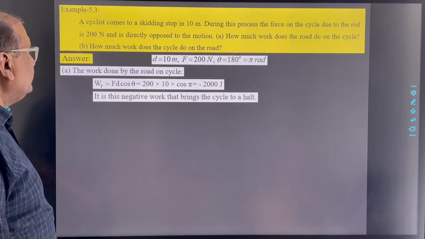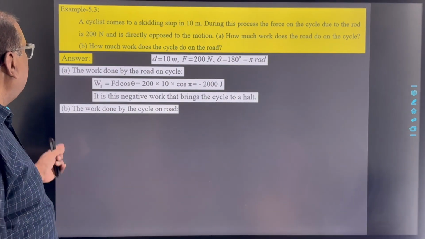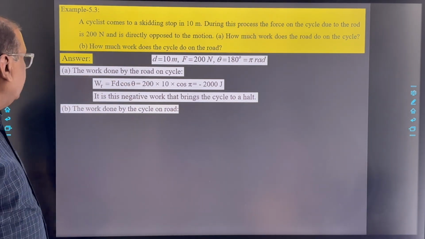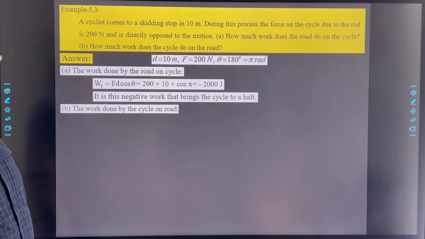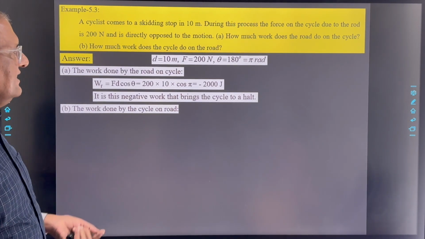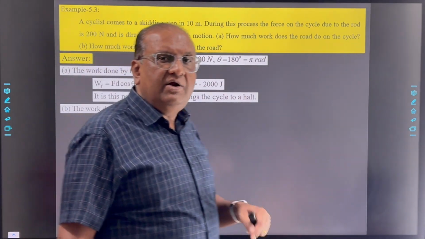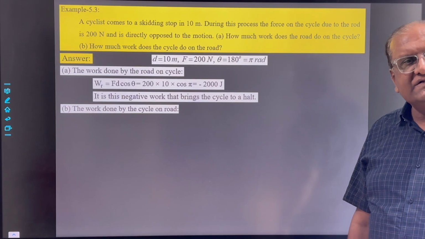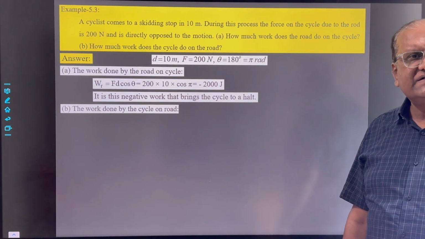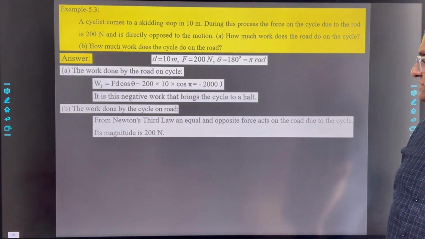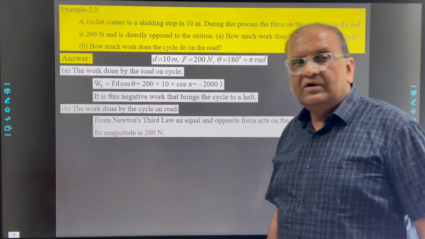Now the second question. How much work does the cycle do on the road? If the road exerts 200 Newton force on the cycle, then as per Newton's third law of motion, the cycle also exerts the same amount of force on the road.